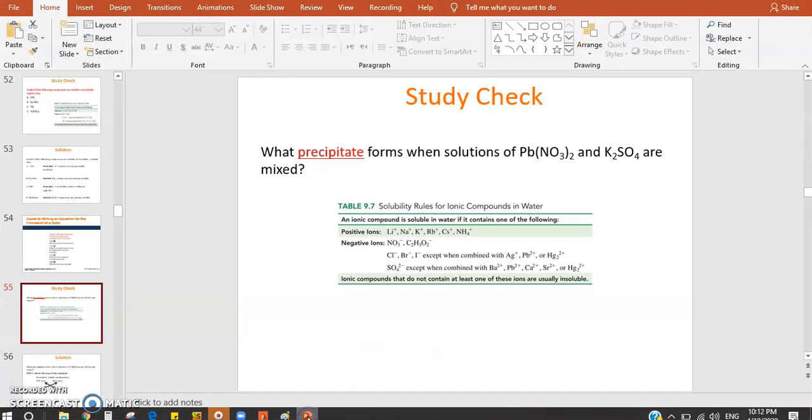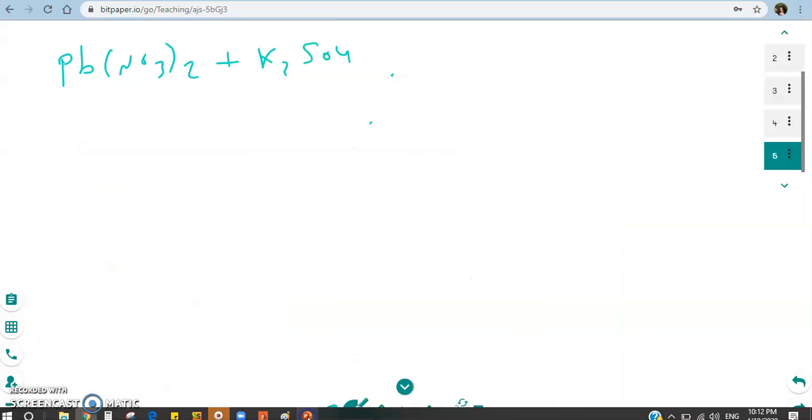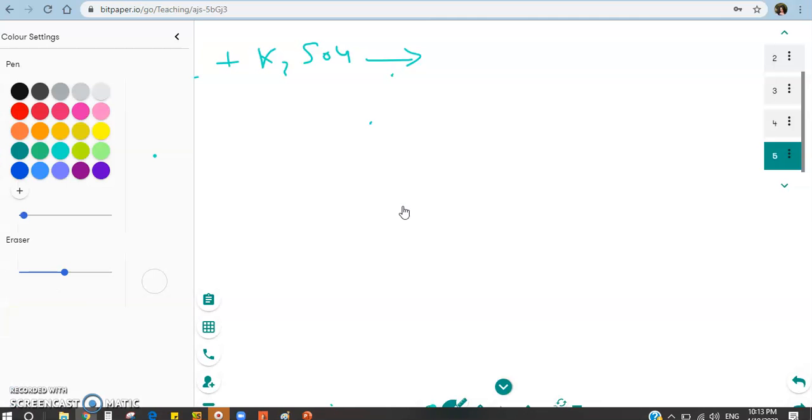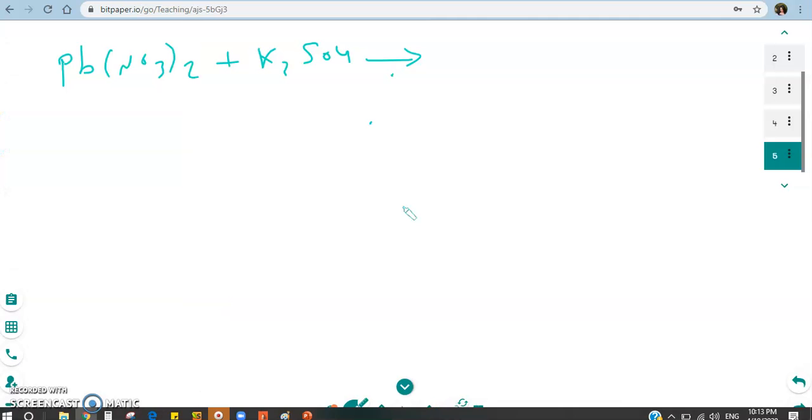So here is the equation, and they want to know what is the precipitate. We do have this equation here. What we can do is think about their dissociation processes.